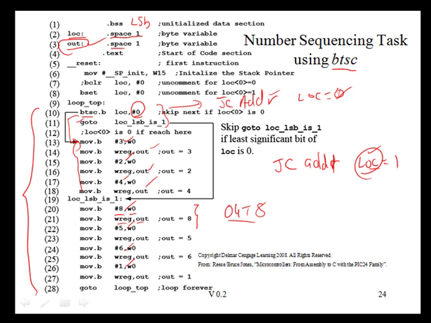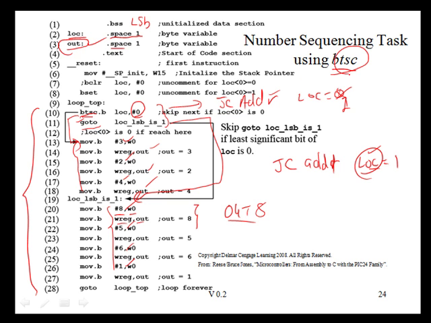However, if loc is a 1, then this next instruction is not skipped, which is a go-to, and we're going to end up going to this label right here, which will only output these 4 digits. So this program essentially emulates what our number sequencing computer program tried to do, and this is an illustration of the bit test skip if clear instruction.